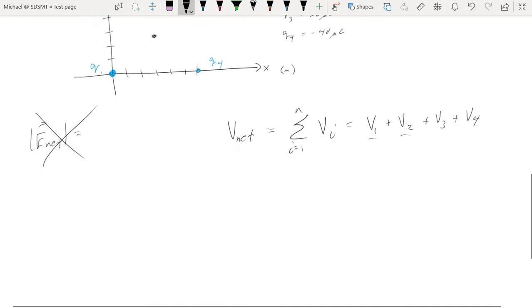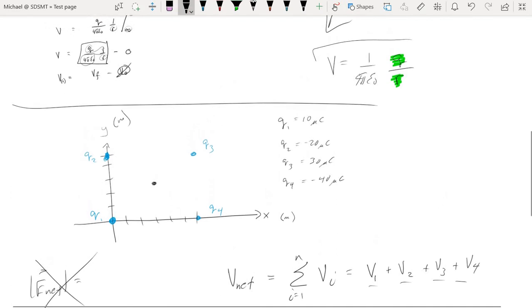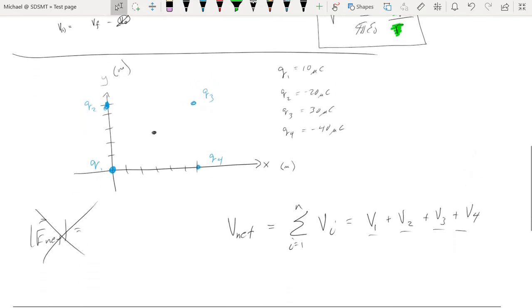Now, every one of these is a single charged particle producing potential at a given distance. Every one of these particles is the same distance from the center of that rectangle.